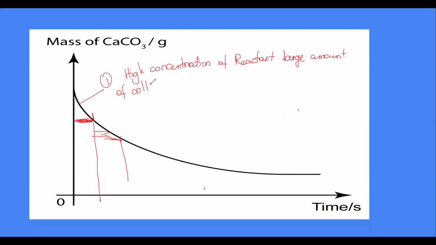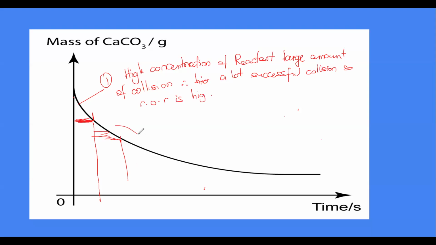So if we have a high collision rate, therefore we will have a lot of successful collision. So the rate of reaction is high.